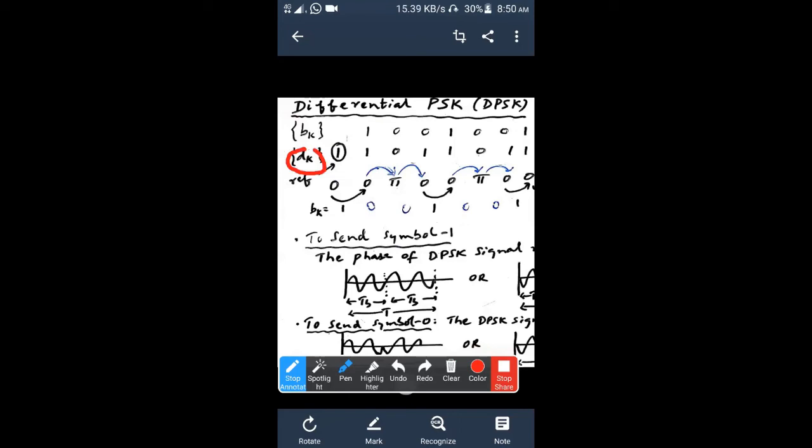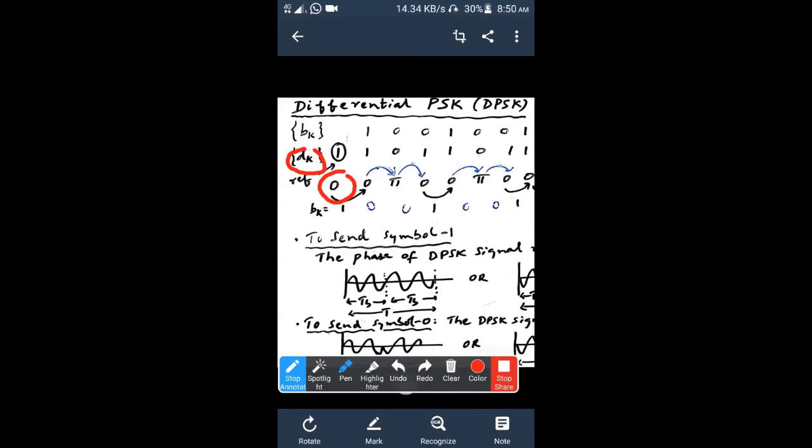Now I want to compare the output of the transmitter with respect to BK, the input sequence. This 0, forget about this one. This 0 comes after performing the encoding operation. Fine, wait. How is this operation done?